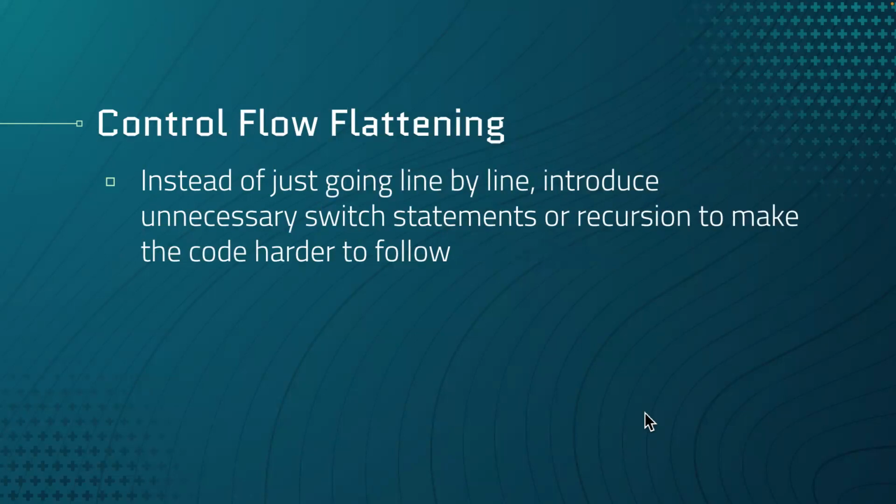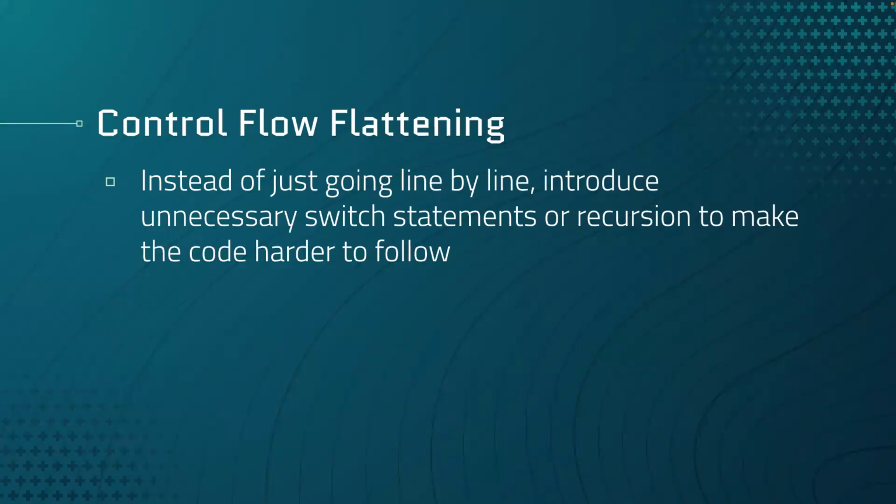So then a much more advanced technique is control flow flattening. This is actually the term that that obfuscation site uses. I don't know why they call it flattening though, because it's kind of the opposite, but basically you introduce a bunch of unnecessary switch statements or recursion in order to make the code hard to follow.